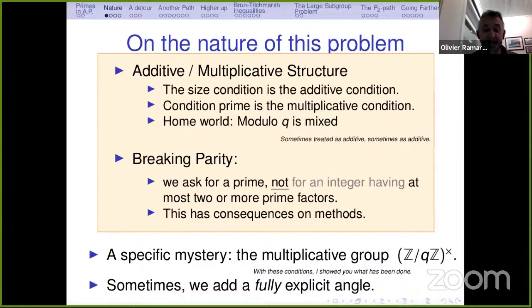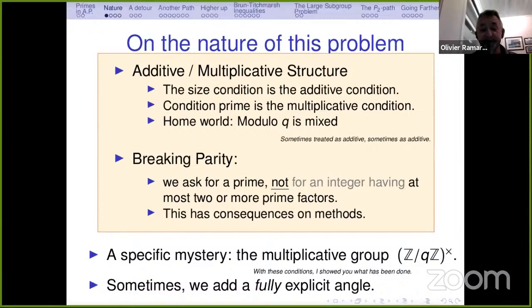Something else about this result that is important, and I'll tell you more about that later, is that it's breaking parity, in the sense that we ask for a prime to be congruent to A modulo Q. We are not asking for an integer having at most 2 prime factors. So we control the parity of the number of prime factors. That's something that's important because of some difficulty later. And yeah, so this breaking parity is something that you should really have a look at.